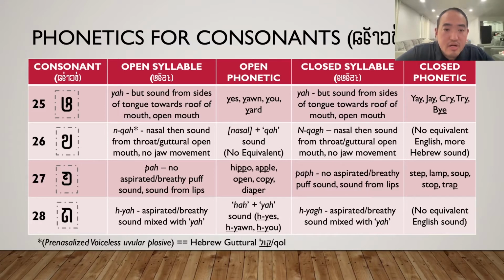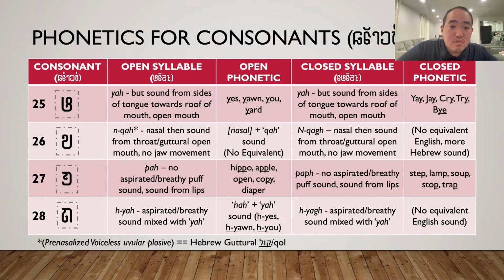I put it in the asterisk down below. This one is a pre-nasalized voiceless uvular plosive sound, and that's how the IPA would define it. So that's how you pronounce nga, ngag.